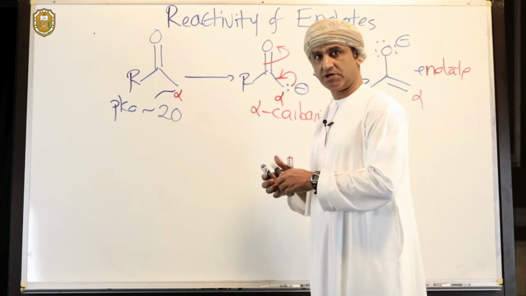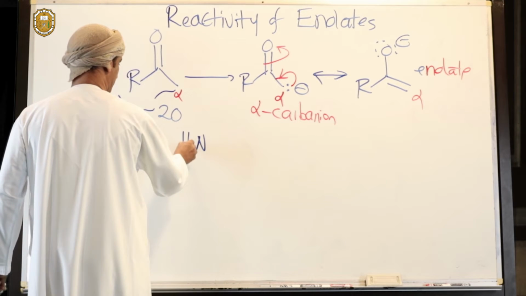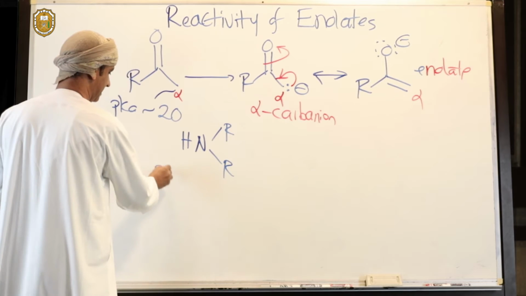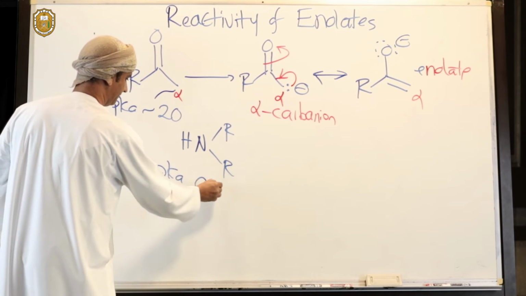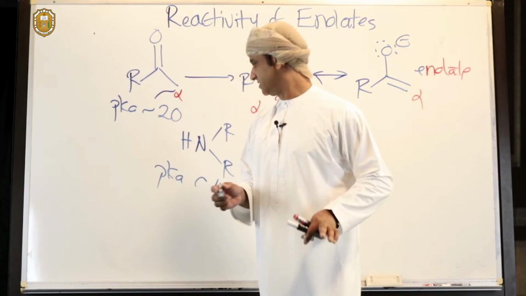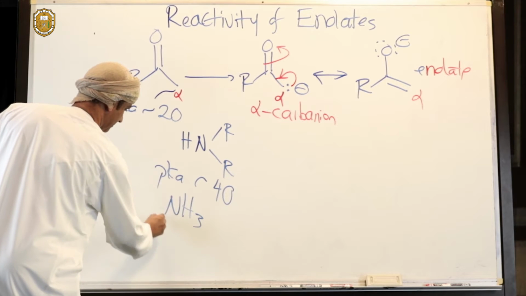So let's draw the structure of amines. This is the general structure of amines. The pKa here is about 40. Recall again the pKa of ammonia, which is 36.